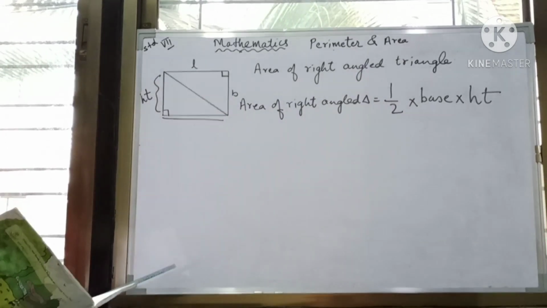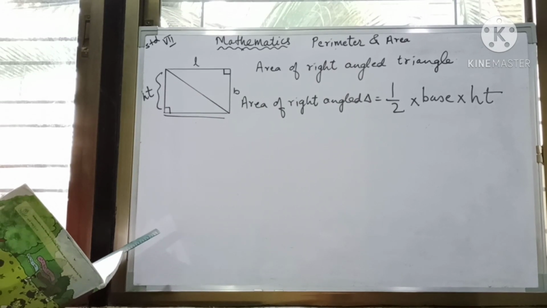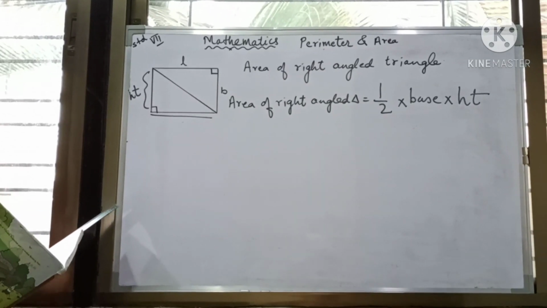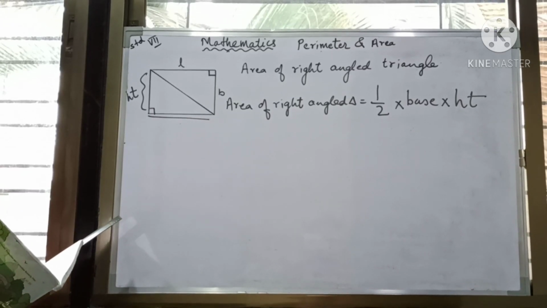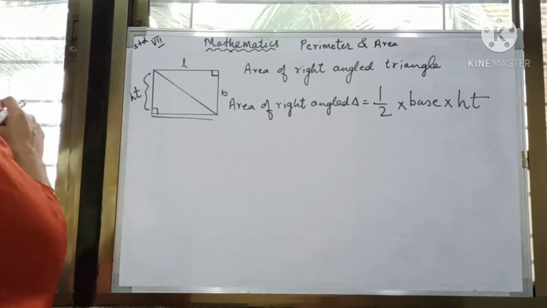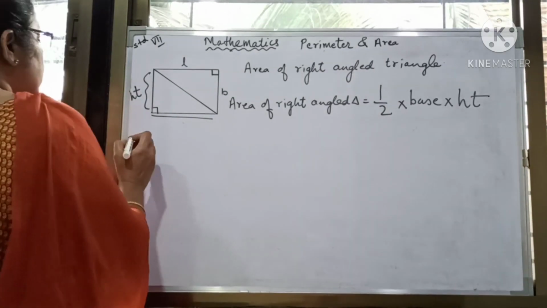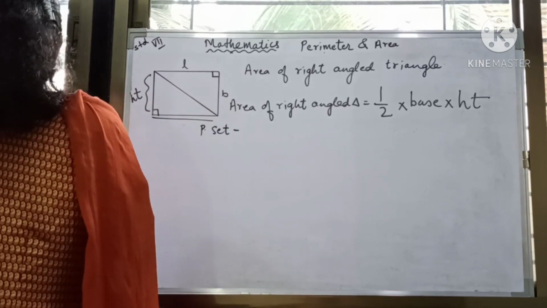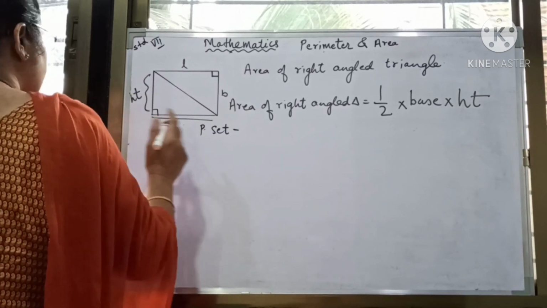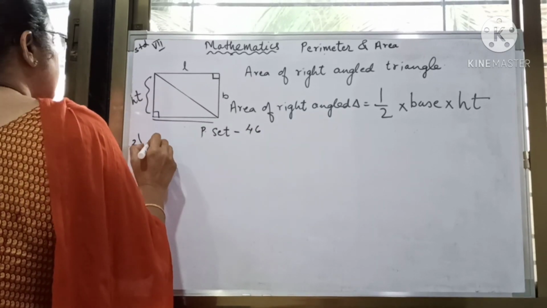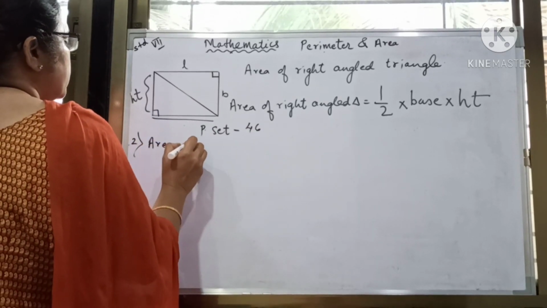The second sum we will solve. What is the area of triangle with base 4.8 and height 3.6 centimeter? So we know the formula, area of triangle is equal to half base into height. So write the formula.